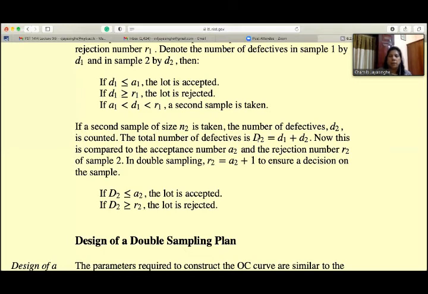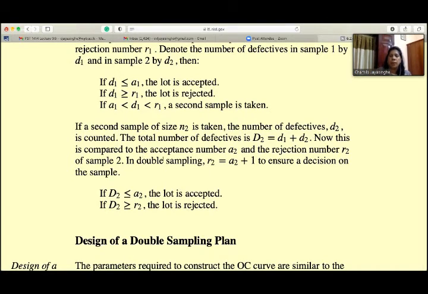Now this is compared to the acceptance number A2 and the rejection number R2. A1 and R1 belong to the first level. The number of samples we use differs, because when we come to the second, we use more samples. The defectives from the first sample and the second sample lot together make D2.